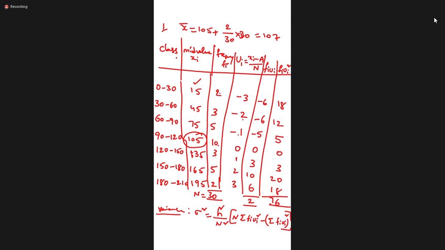But in the 10th question there is no continuation. So how to make continuation? I will make that table, then you just follow the method and complete it. I am erasing. Let's move to the 10th question.